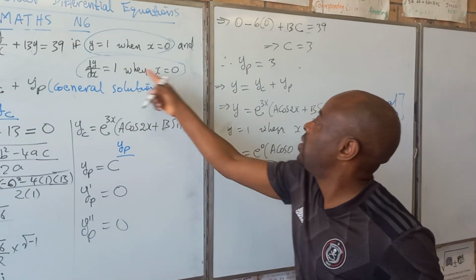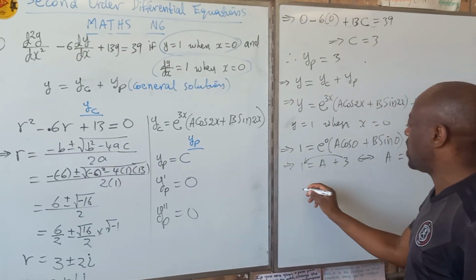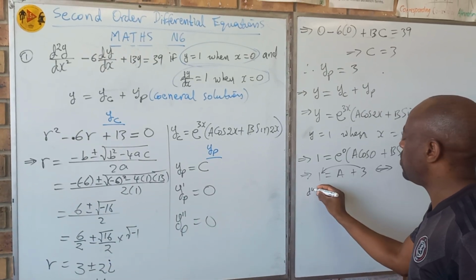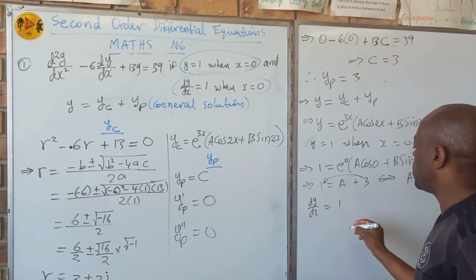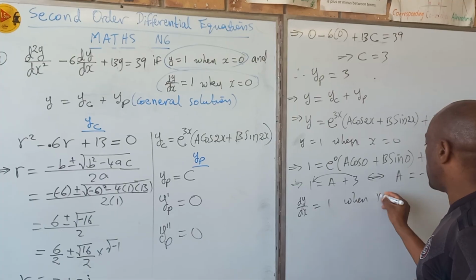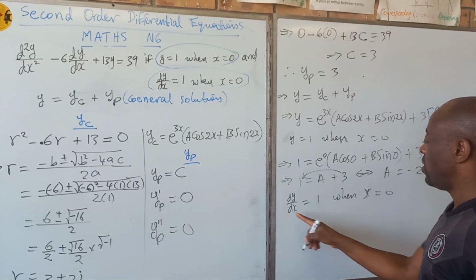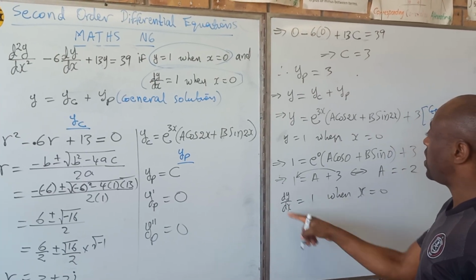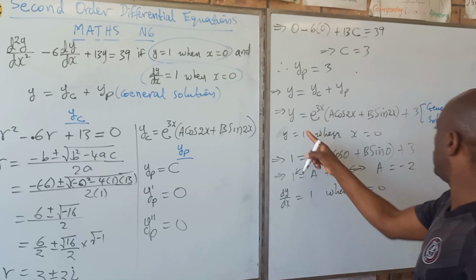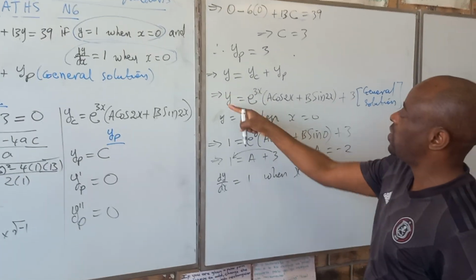Then we can look at the second condition, which will help us get b, which says dy over dx is equal to 1 when x is 0. So again, we do not know dy dx, and whenever we want it, we must go back to the general solution and differentiate.